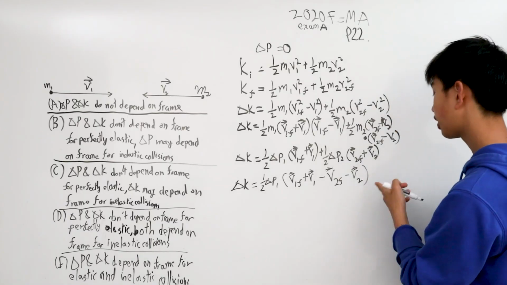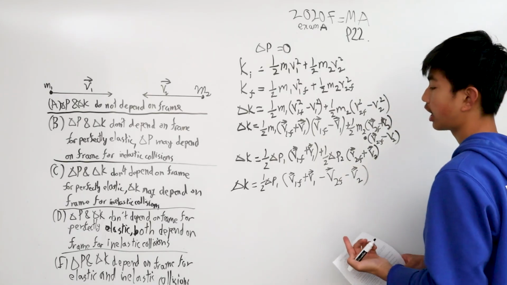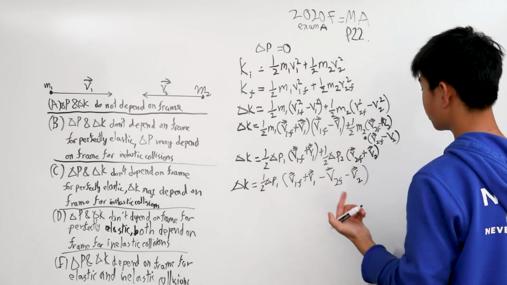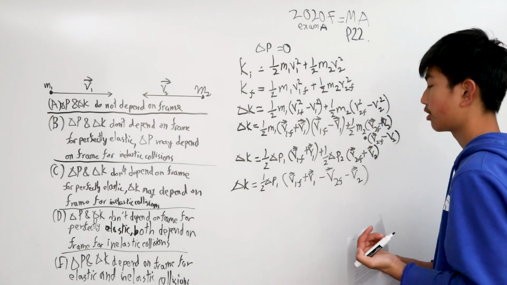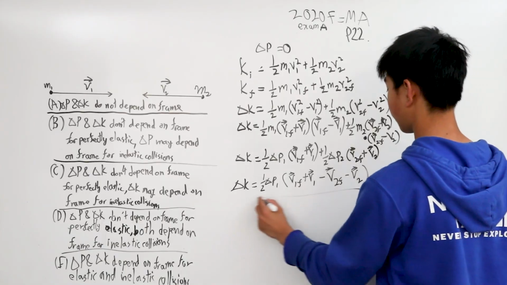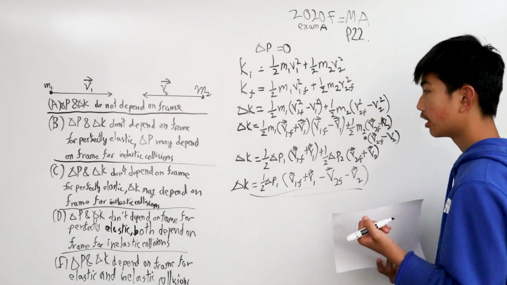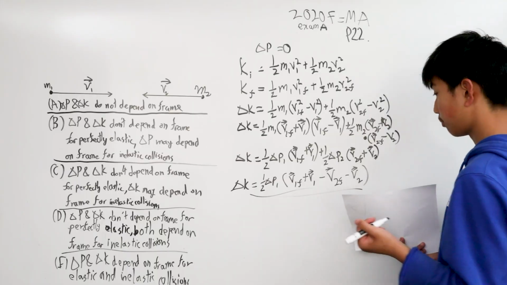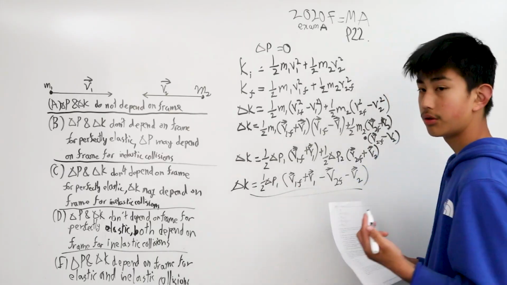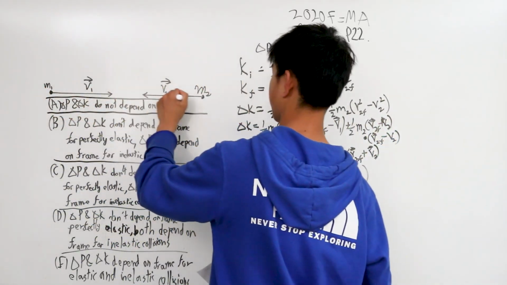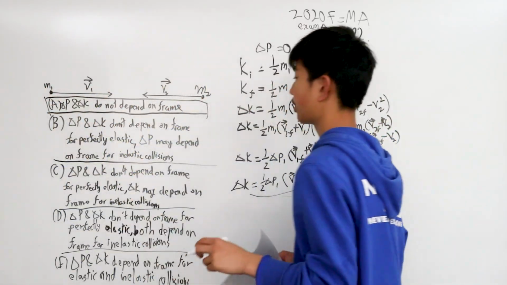This is because in this problem we set the change in momentum 1 to be equal to the negative change in momentum 2. So this is our final equation for our kinetic energy, where we see that in this case, the change in K and change in P do not depend on the frame. Therefore, answer choice A is going to be our desired answer for this problem.